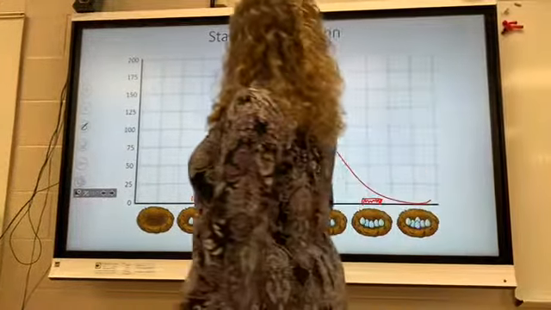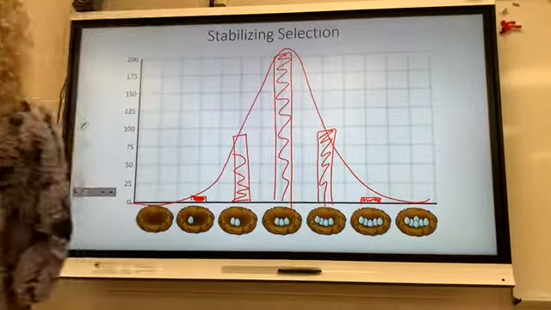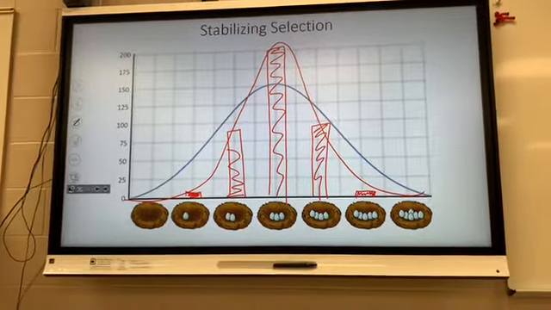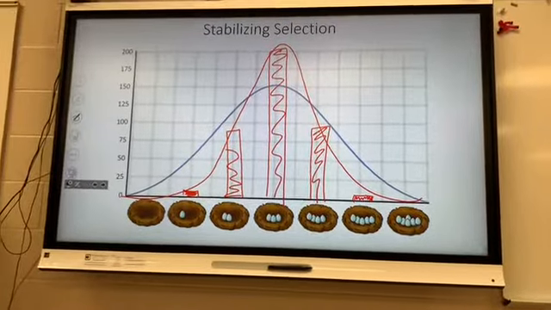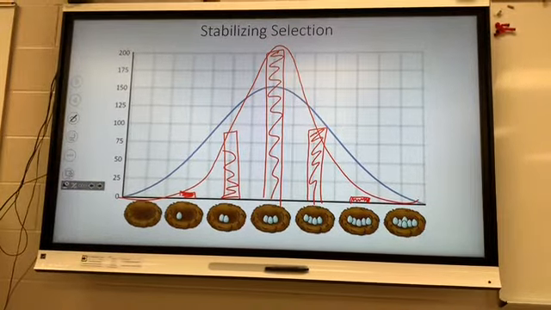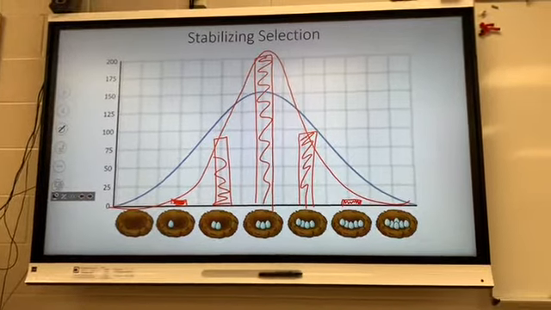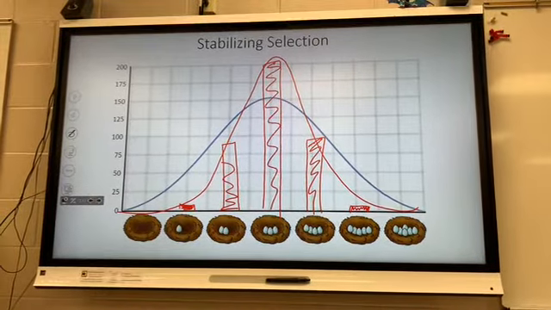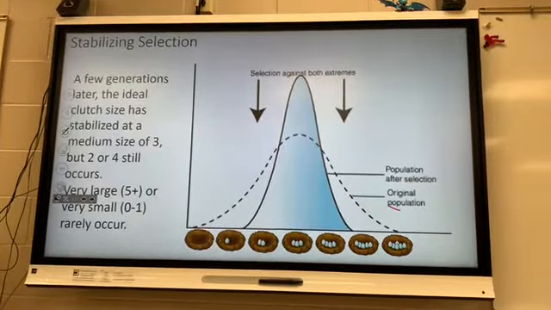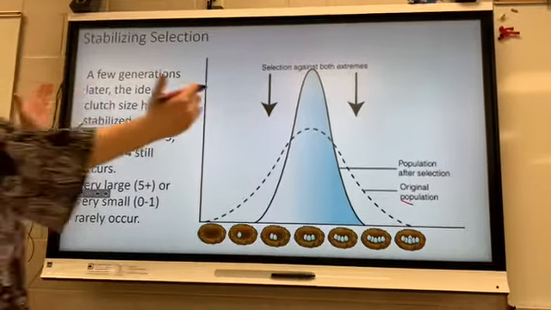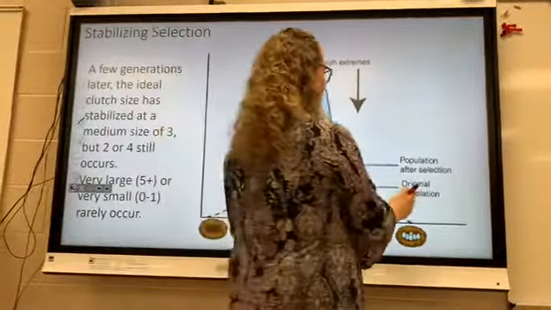We turn that into a line graph, and we compare that to the original curve. It's changed shape, okay? This is called a stabilizing selection. We focus more in on what is the norm, the average, okay? So we have that selection, and that graph gets more narrow.